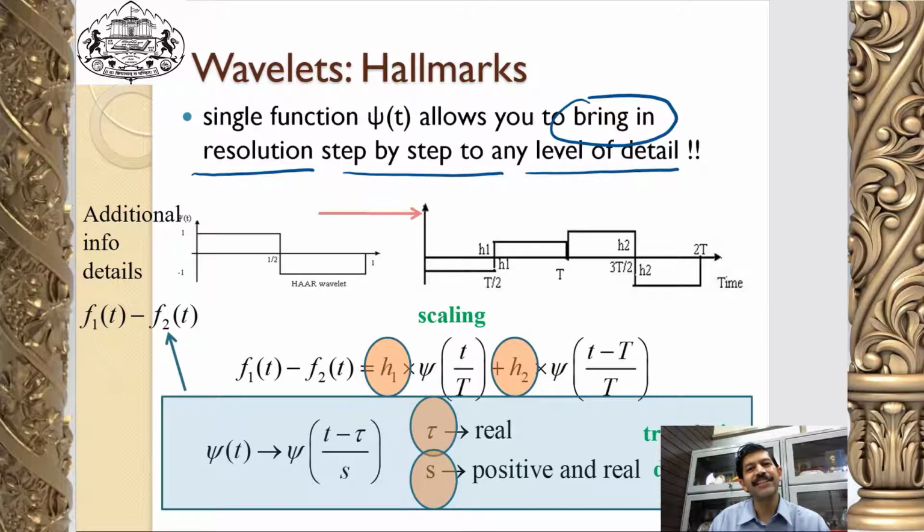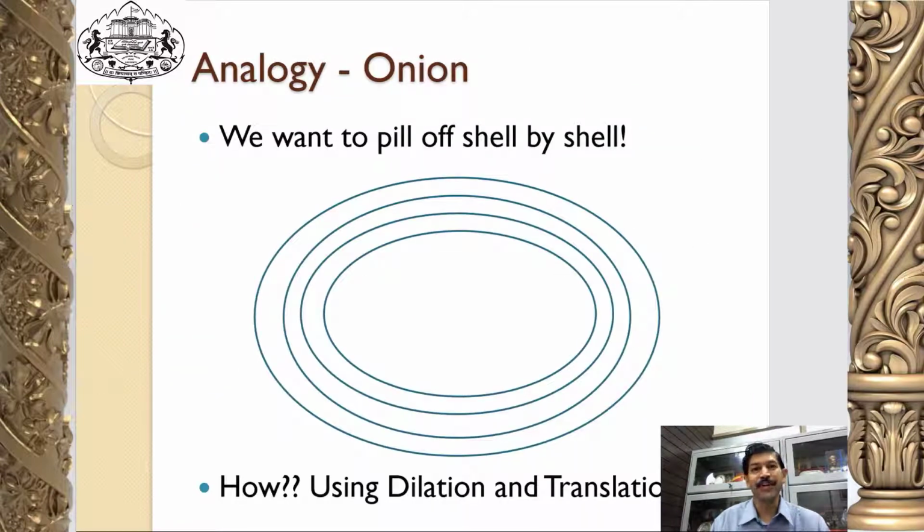We are going to study the dyadic structure, and very soon it will be clear what we mean by any level of detail. Typically one analogy is quoted in many books. It is just like an onion that we can peel off shell by shell.